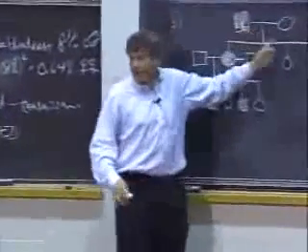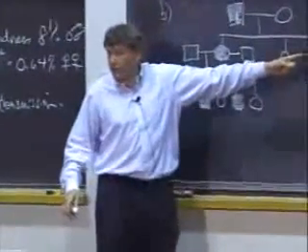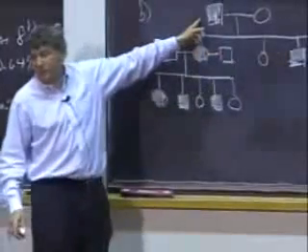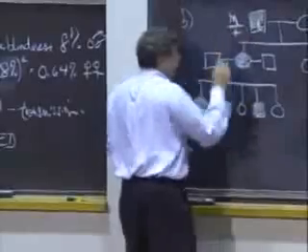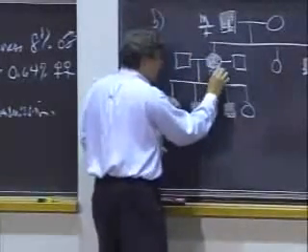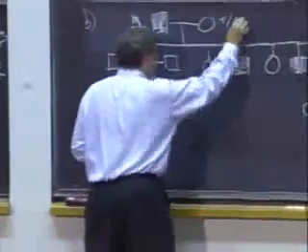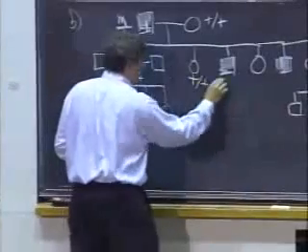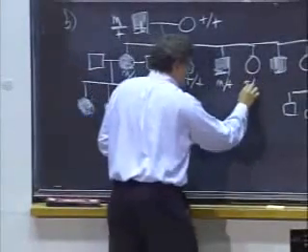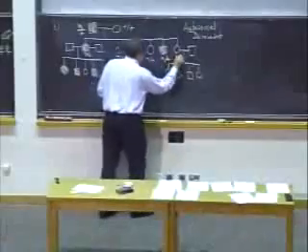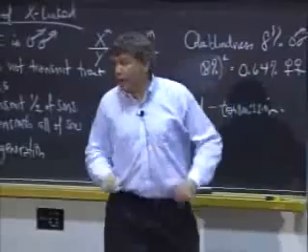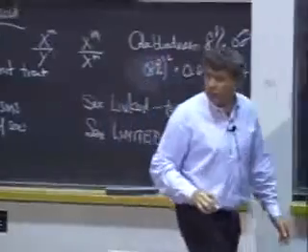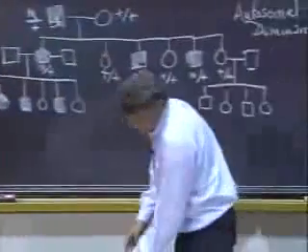And if this was dominant, they'd all have it? What's a possible genotype for this person? Mutant over plus. And these kids could be mutant over plus, or plus over plus, mutant over plus, plus over plus, mutant over plus, and plus over plus. It would be one possibility. On average, what fraction of the kids should get the trait? About half the kids, right?